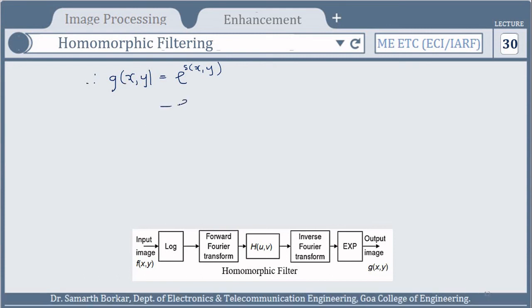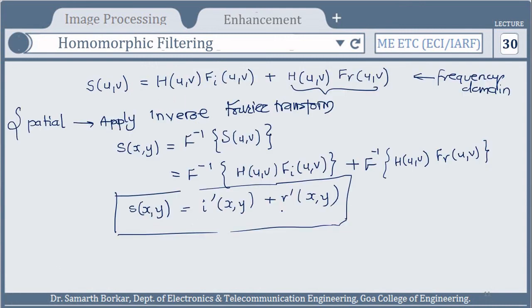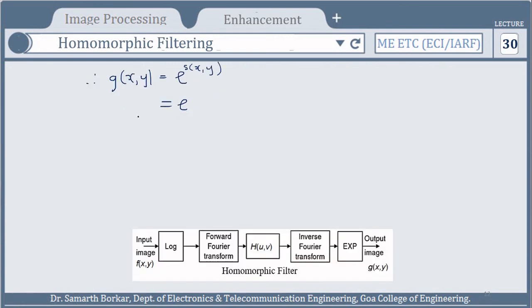So e raised to s of x, y, which from the previous discussion is an additive component, and addition in the exponential domain is multiplication. So I prime x, y times e raised to r prime x, y.